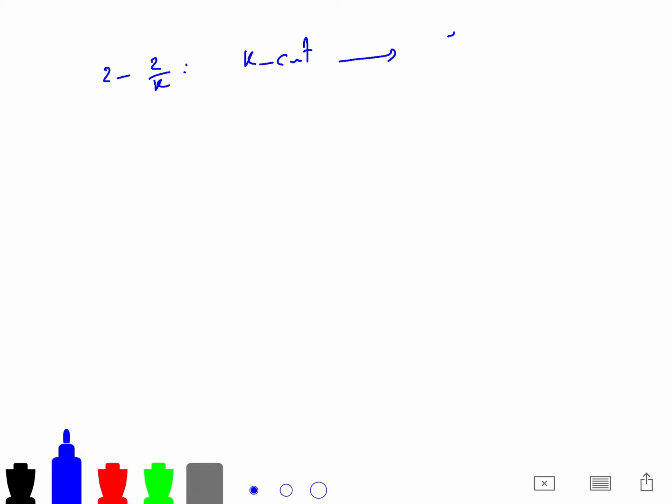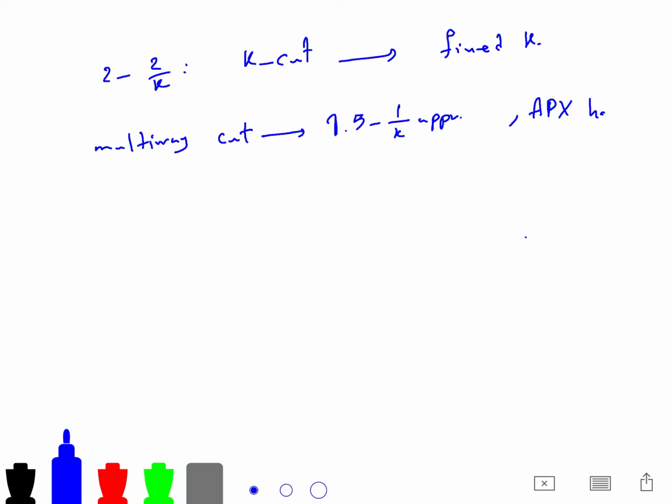K-cut can be solved in polynomial time if you just fix your K. About multi-way cut, this is the CKR algorithm, which is a 1.5 minus 1 over K approximation. And multi-way cut is NP-complete and APX-hard, of course, for K greater than 3.